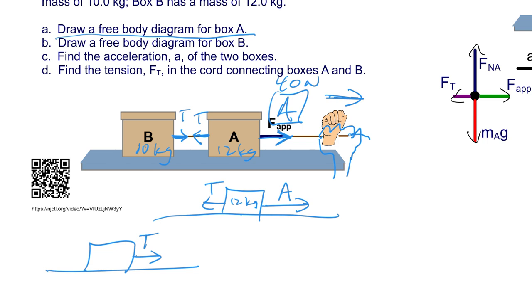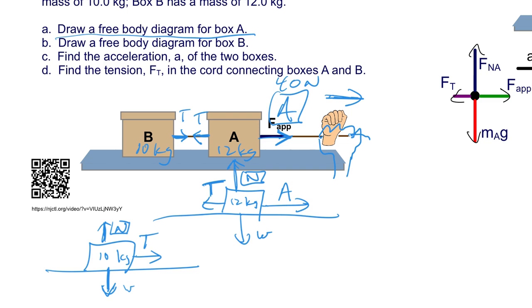And that's the same as this T right here, the opposite direction though. Of course, there's the weight of box A and normal force on box A. And there's a slightly smaller weight for box B and equal normal force to its weight for box B. Okay, but I don't really care about the vertical forces because why? Can you think why? These vertical forces cancel out. So I don't really even need to consider them.